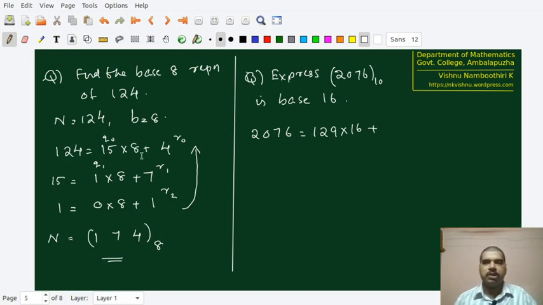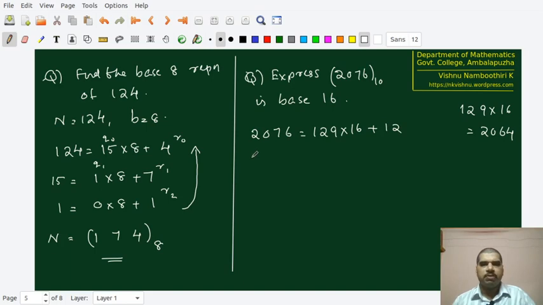Plus, now what is remaining? 129 into 16 is 2064. So remaining is 12.